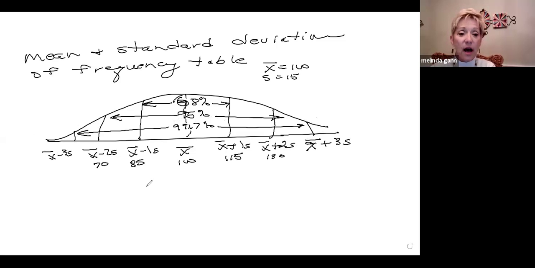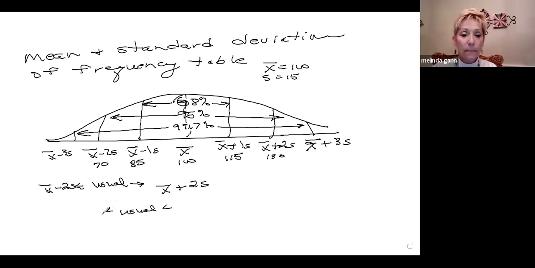Now, what you also need to know is if you take your mean and you add 2 standard deviations, and you take your mean and you subtract 2 standard deviations, the data between those two numbers is considered to be usual. So that means that a usual IQ score would be between my mean plus 2 standard deviations, so you understand that that means 100 plus 2 times 15. So that's 130.